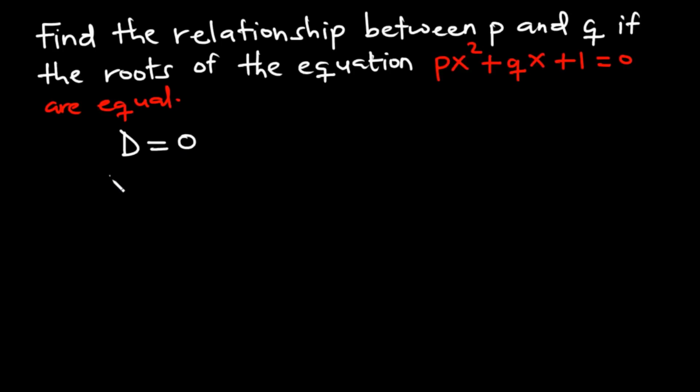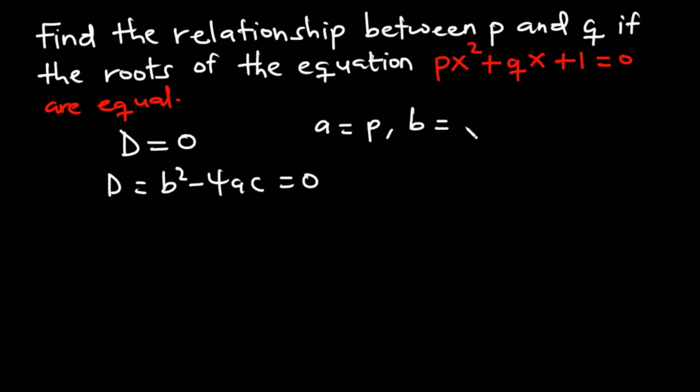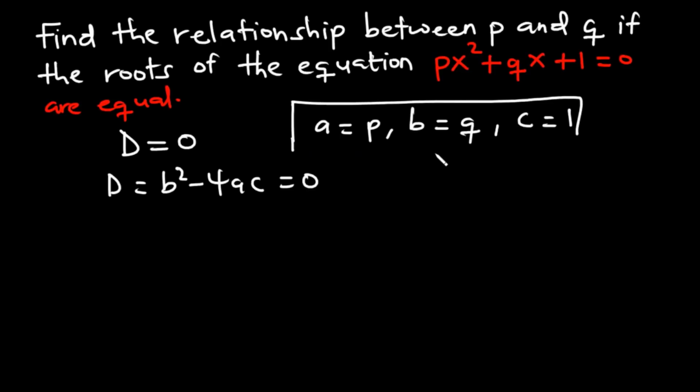So D is equal to b squared minus 4AC is equal to 0. From the equation, A is equal to P, B is equal to Q, and C is equal to 1. So let's fit these values of A, B, and C into this equation.